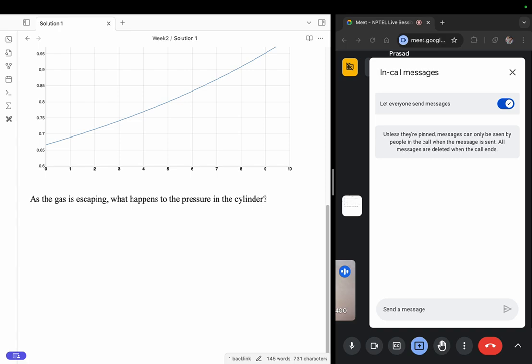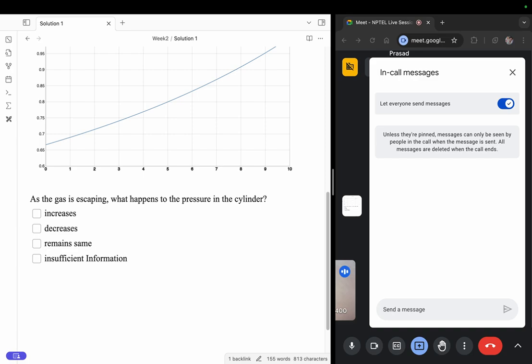So what happens to the pressure inside the cylinder? Can one of you type the answer in the chat box, or you can unmute yourself?